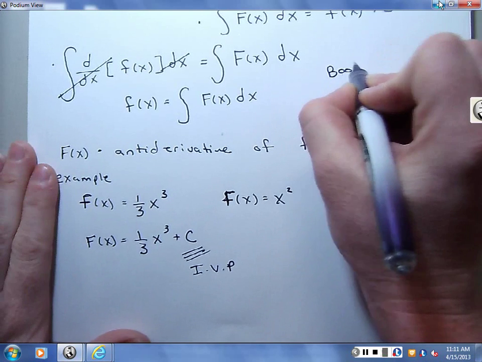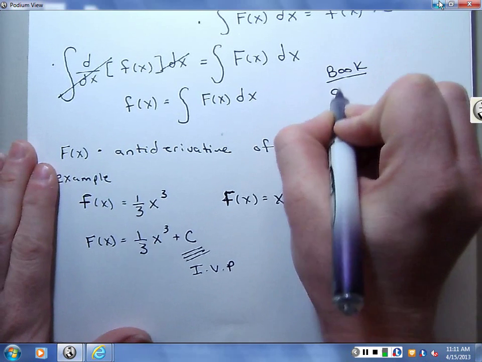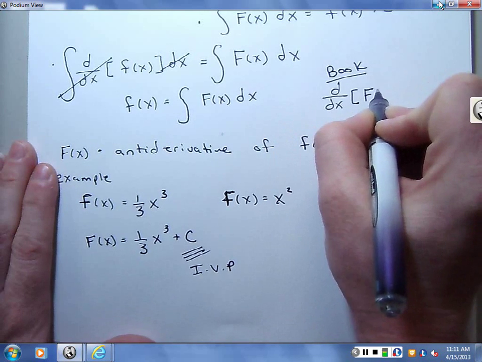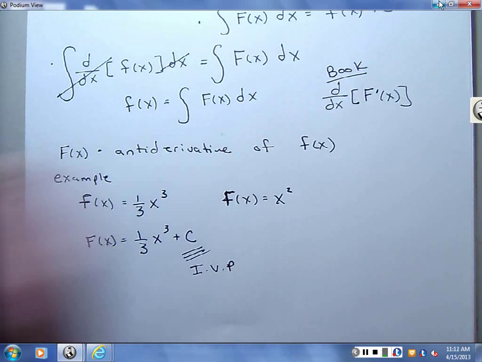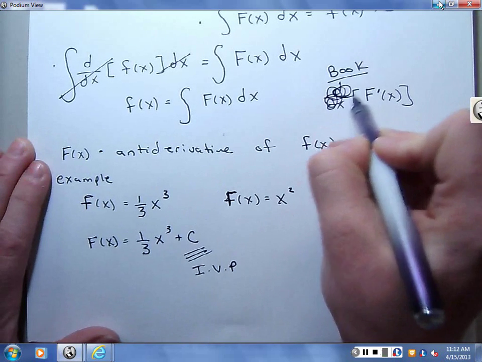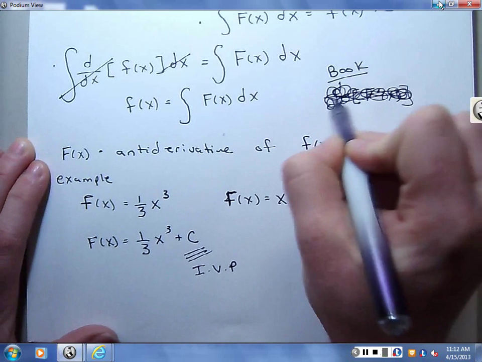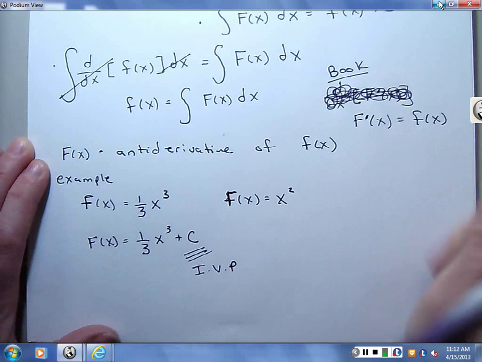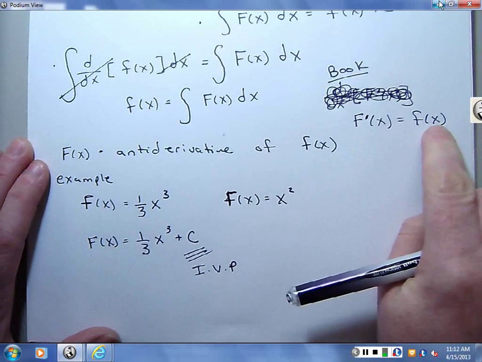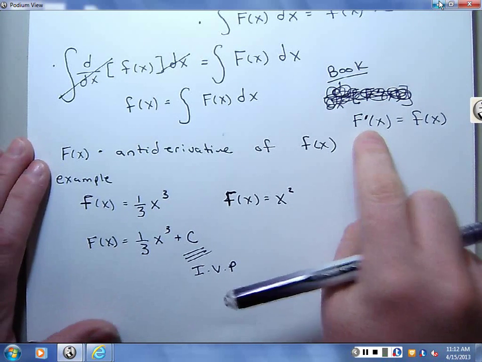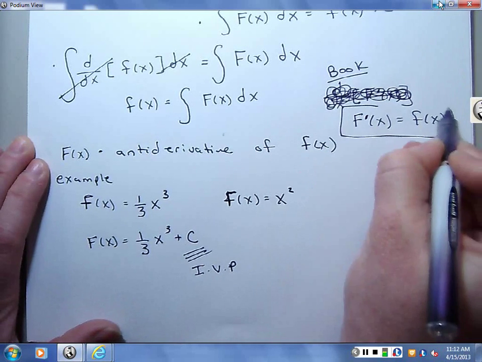Your book says f prime of x equals smaller k. So if I integrate f of x, and I integrate the derivative, I get the original function. So this is what I'm using here.